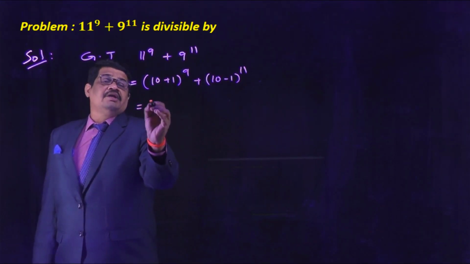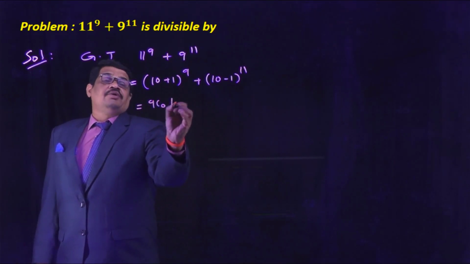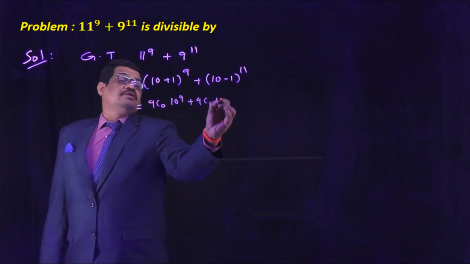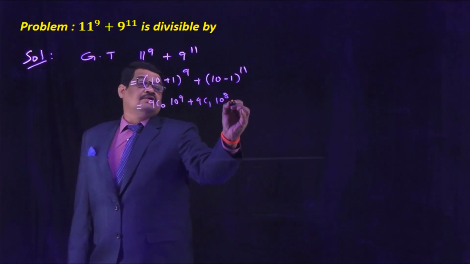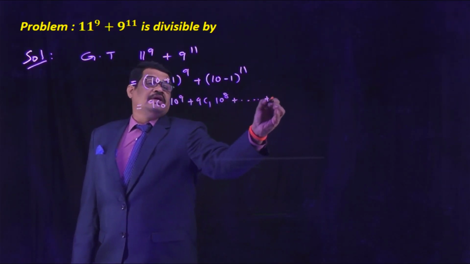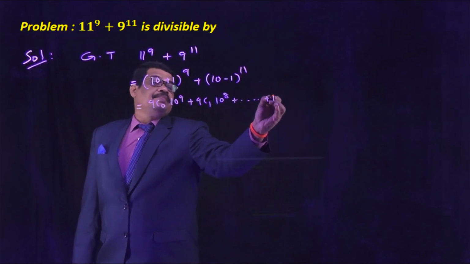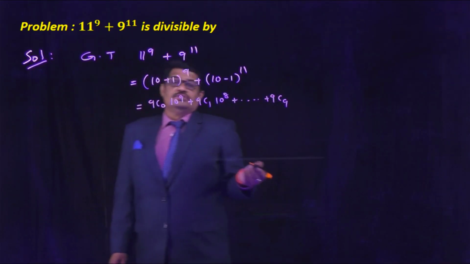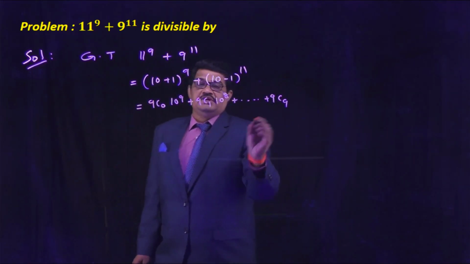Here 9c0 10 to the power of 9 plus 9c1 10 to the power of 8 plus so on, plus 9c9 into 10 to the power of 0, that is 1.